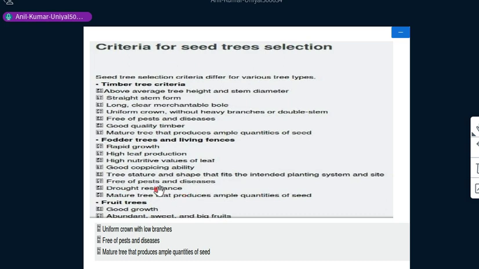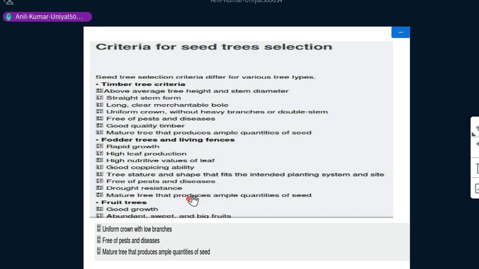Then it should also be free of disease and pests, as was repeated in number 1 also. It should be drought resistant, and mature trees should produce an ample amount of seed. These characters are almost similar for all: the production of heavy seeding, disease or insect free, and healthy trees should be there.